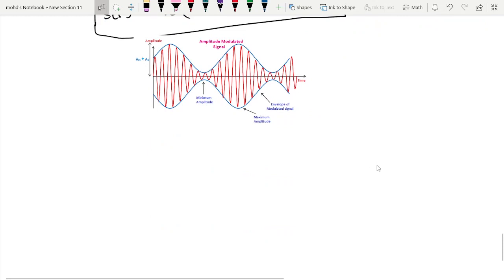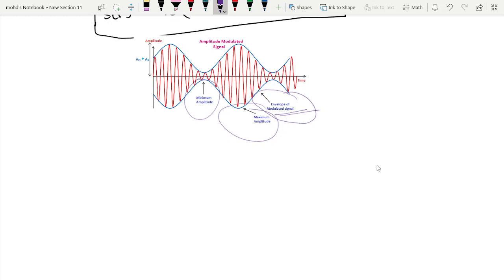Here we have the amplitudes Ac plus Am and Ac minus Am. Here we get a minimum amplitude, and here we get a maximum amplitude, and this blue line is called the envelope of the modulated signal. It shows the maximum and minimum amplitude of the amplitude modulated signal.